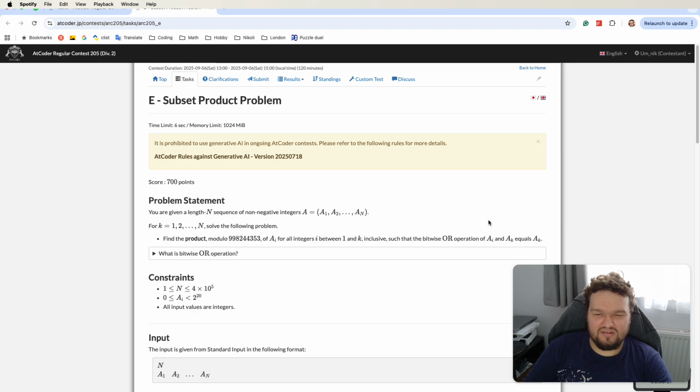Alright. i between 1 and k. So the problem for given k is like there is a last number that is very special. And so bitwise OR of a_i and a_k equals a_k means that a_i is a submask of a_k. I guess like that subset thingy. And I want to take a product of all such things.